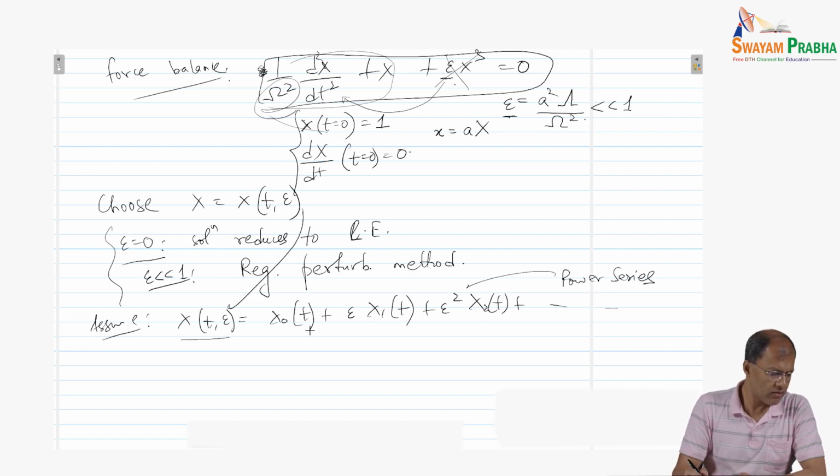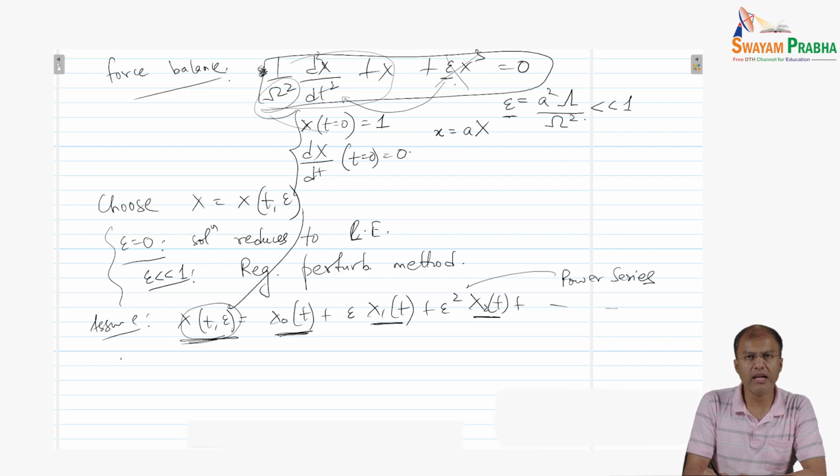Now the problem is the following. We expect that it is quite possible, this form of power series is fine, we are going to get a solution, but it is quite possible that some of the properties, the individual properties of these unknown functions, are such that they do not satisfy the property of the final solution.